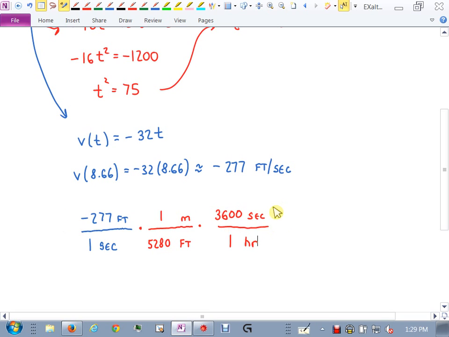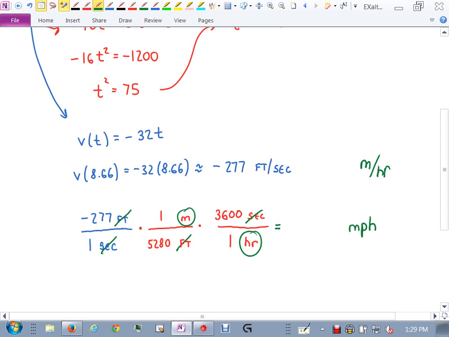Notice I put the seconds on top. Why? To cancel the seconds on the bottom. So I'm going to cancel my units. Feet cancel, seconds cancel. All I'm left with is miles per hour, which we like to write as MPH. MPH is the same as miles per hour.